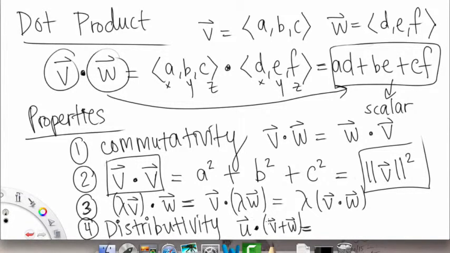Then the u distributes into the v and the w, and we will be doing a certain type of multiplying, the dot product. So we get u dotted with v, plus u dotted with w. The u vector distributes to the v and the w via the dot product. Okay, so those are the four properties of the dot product, and now we'll go into how it relates to angle.